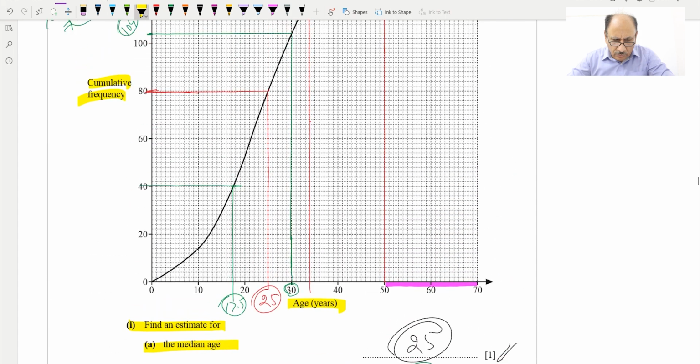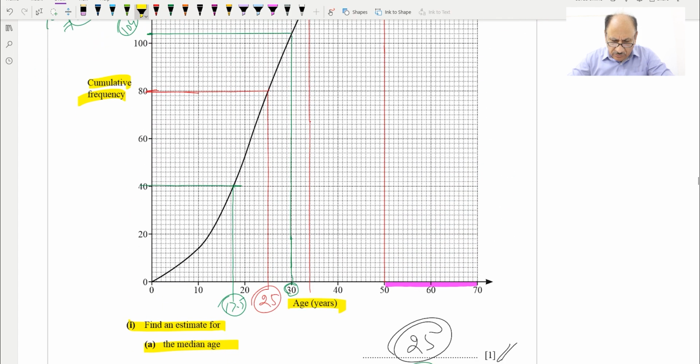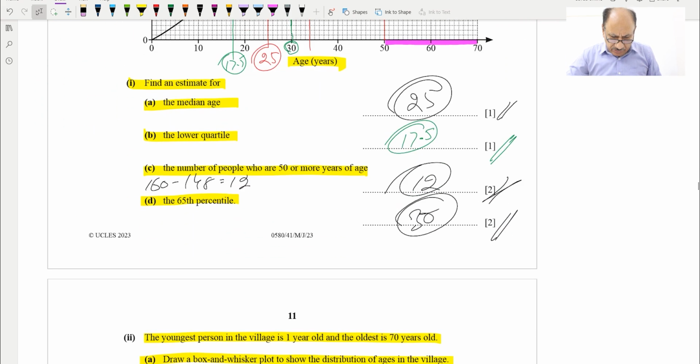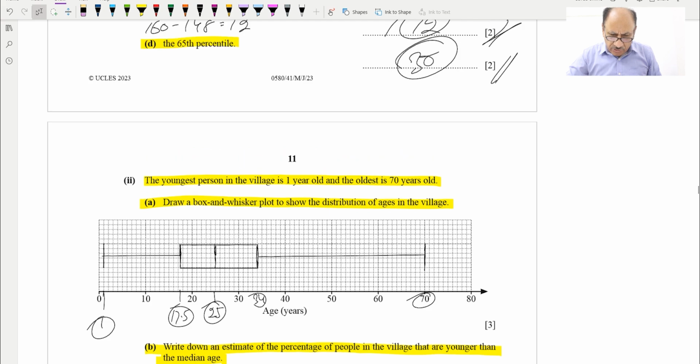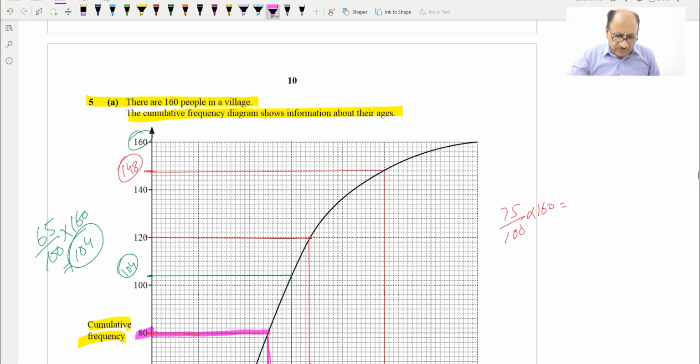So the median age is here, which is 25. If we check the reference from 25, we are checking from here, and this will be here. So we can see this is 80, which is half of 160.